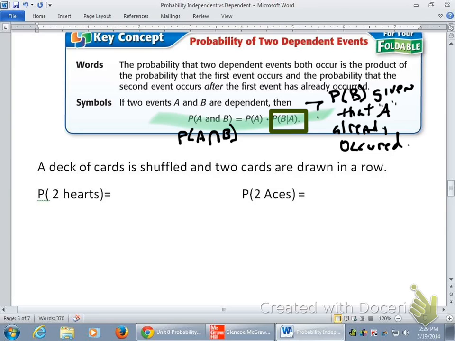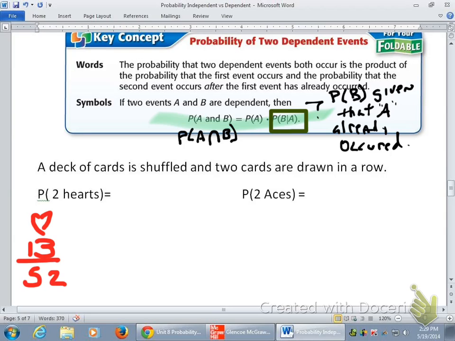So what is the probability on the first card that I get a heart? How many hearts are there? There are 13 hearts out of 52 cards. Or some of you might have gone ahead and abbreviated that as a fourth, right? Okay. So the first card could be a heart 1/4 of the time. 13 out of 52.